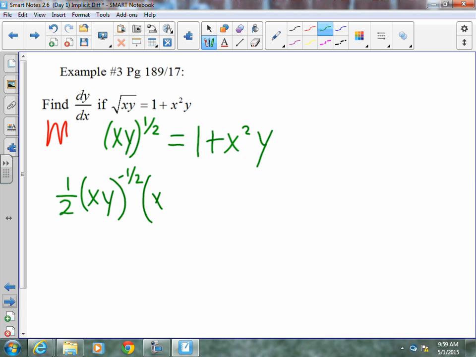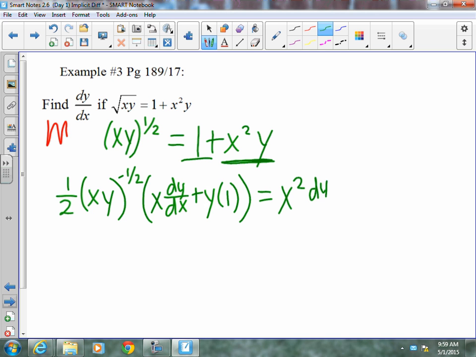So we do the first times the derivative of the second plus the second times the derivative of the first. On the right side, the derivative of the 1 is 0, so we don't have to worry about it, but the derivative of x squared y is also going to be a product rule. X squared times the derivative of y plus y times the derivative of x squared.